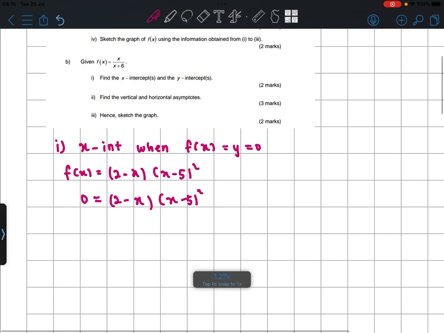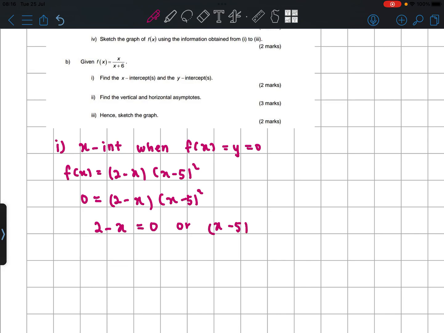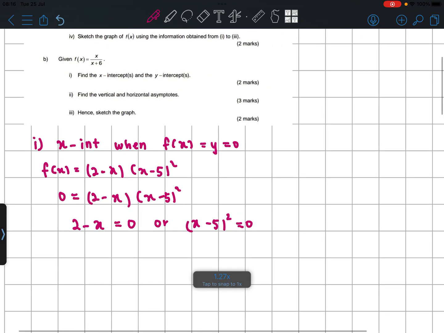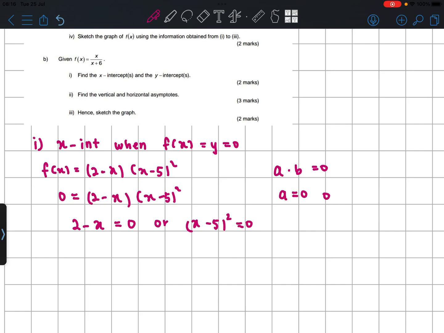Okay, so when you have this condition, you will require 2 minus x is 0, or (x minus 5) squared is 0. So it's like the fundamental of algebra. When you have a times b is 0, then a equals 0 or b equals 0.